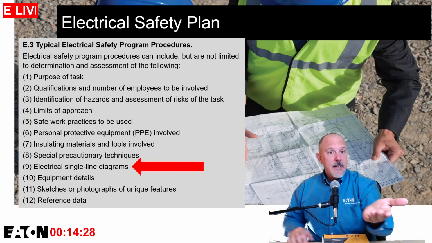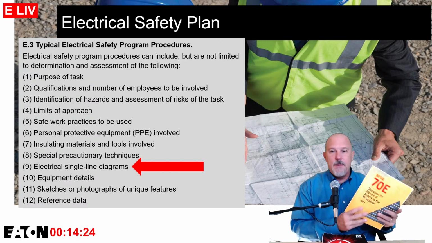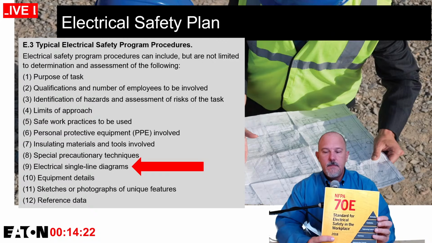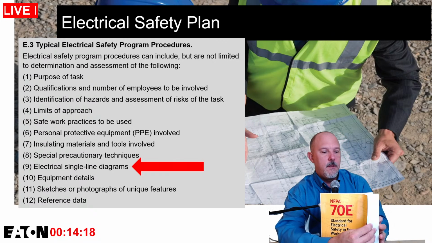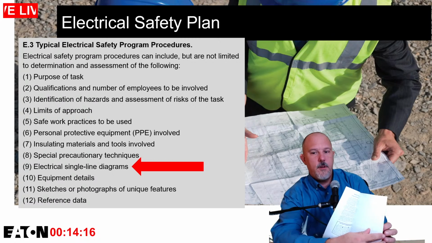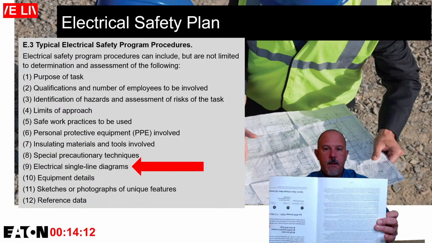All right, so here is E3. Now, this is annex material, E3. Now, I have a special 70E document. Now, watch this. This is what's special. You ready? Hold on. Hold on. Look at that.